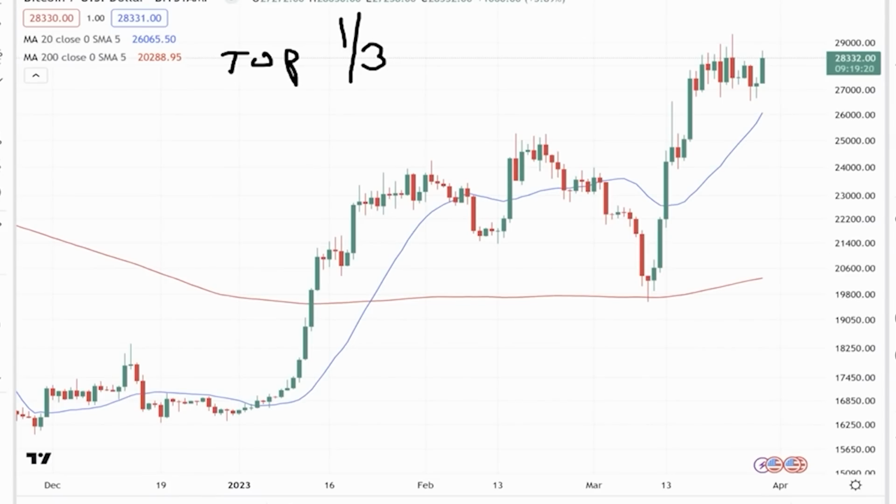The top third of a surge or of a move does include a little bit above it. That's what I mean by the top. It's a little bit past it. This is the zone right there.